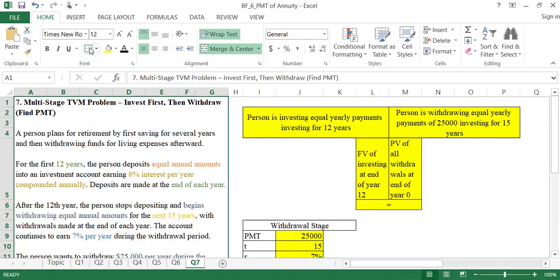Someone is giving you a birthday present today, you invest it, grow it for some years, and then start taking out money. In any of such scenarios, you have to think about the timeline as two separate parts, the ending of one timeline and the starting of another timeline. That has to be the common point. So the FV of one timeline and the PV of another timeline will have to be set equal. And only then can you solve such problems.